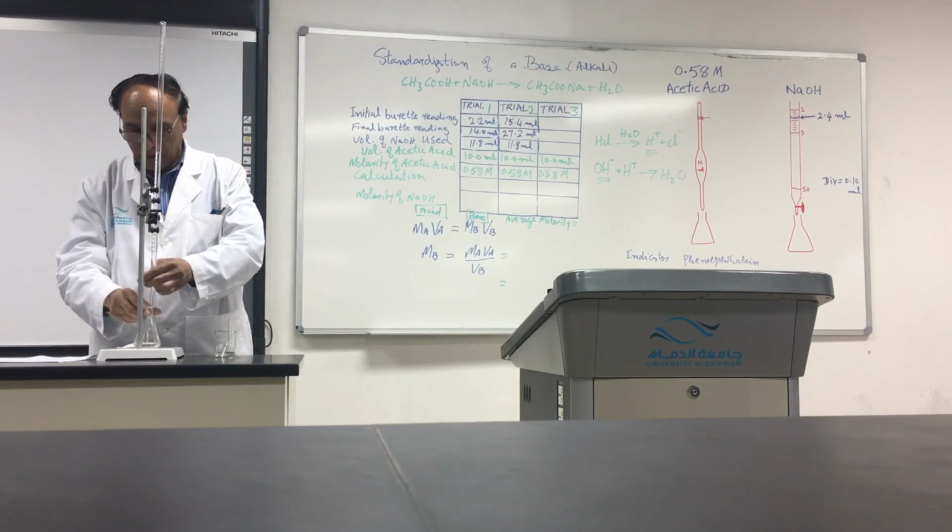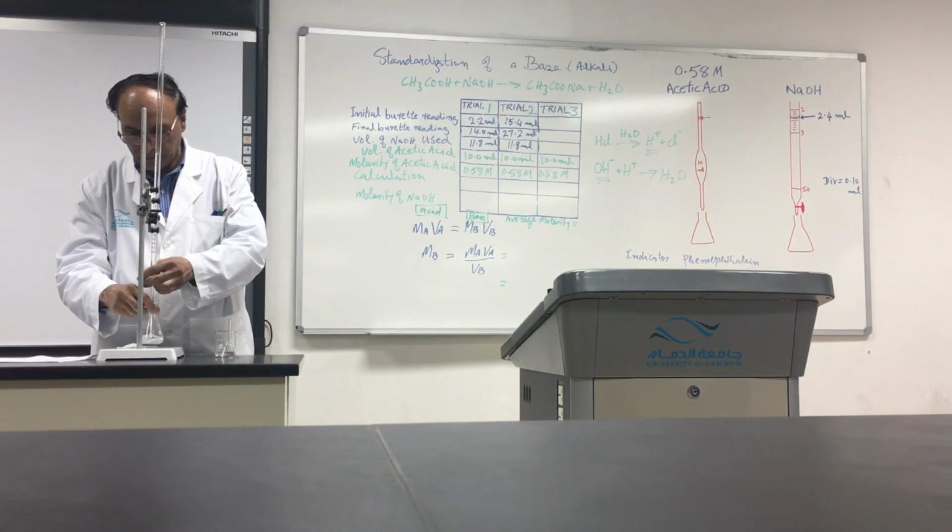Drop by drop. I need to put many drops slowly. Anytime it will come. Now it is coming late, it means the end point is very near. So I will put a drop at a time.